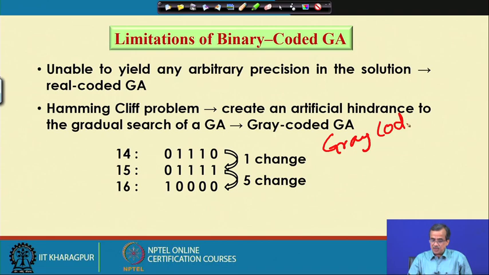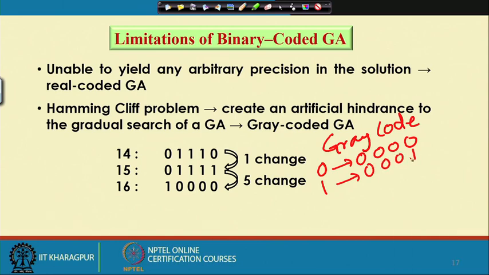Now, let us discuss a little bit on the gray codes. In gray codes, 0 can be represented using 0, 0, 0, 0, 1 can be represented as 0, 0, 0, 1, then 2 can be represented as 0, 0, 1, 1.